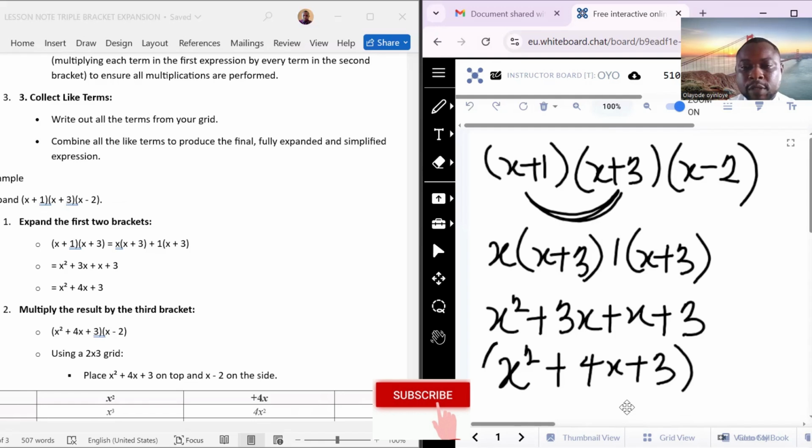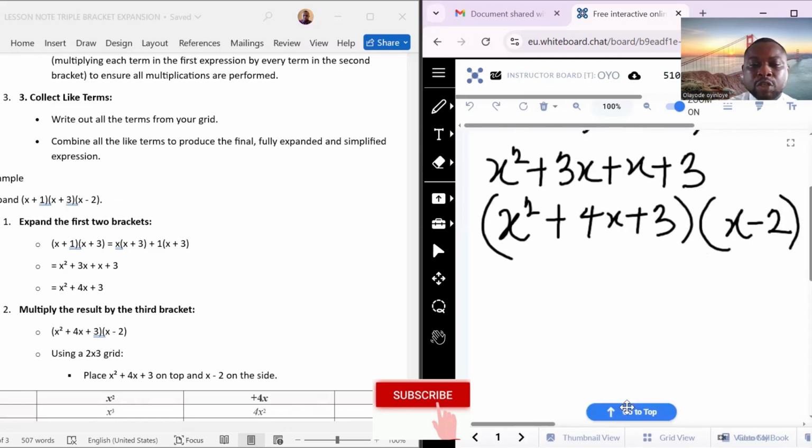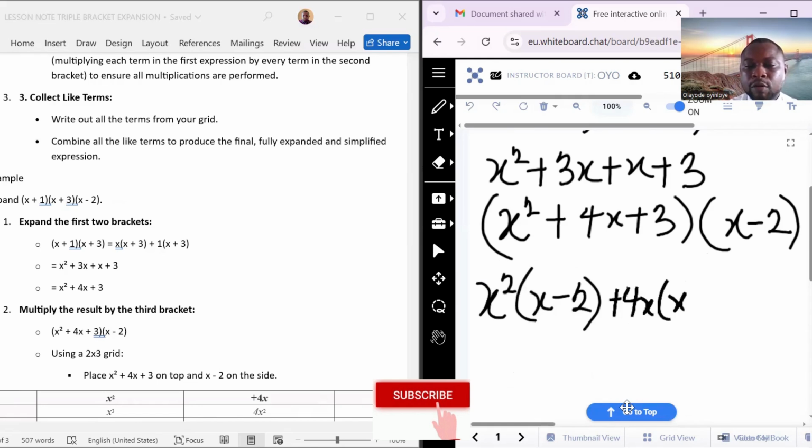So we've done the first step. The second step is to use this to multiply the last bracket. Each of these terms will multiply the third bracket. So we have x squared plus 4x plus 3, times (x - 2).